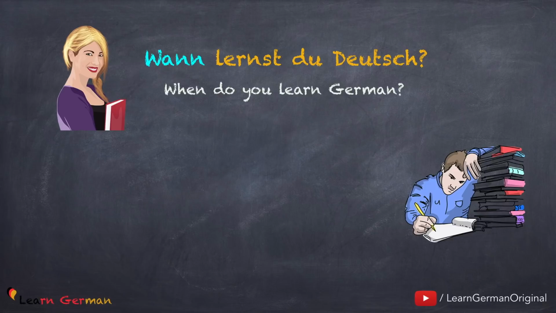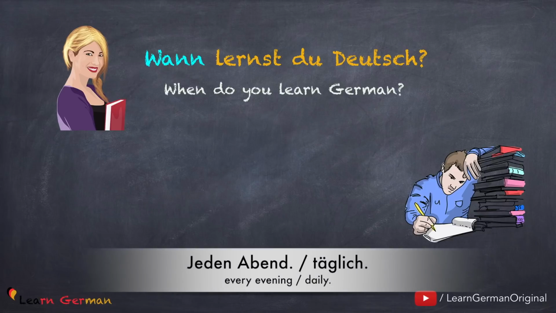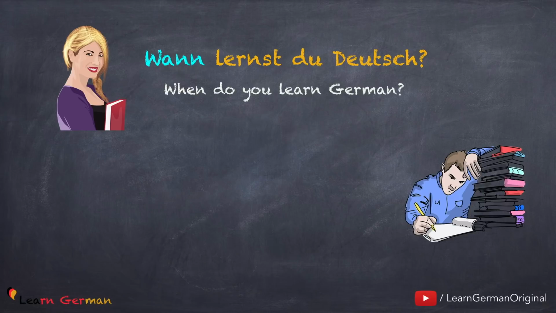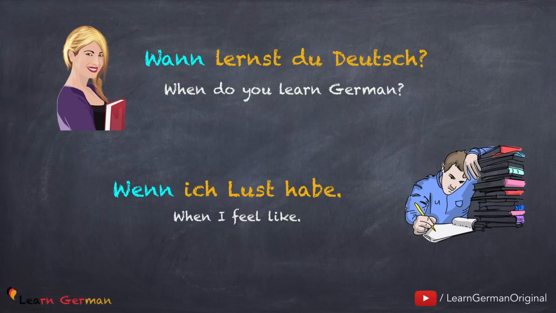For example, you can say jeden Abend or täglich. You can also formulate the answer with the conjunction wenn. You can say wenn ich Lust habe. In the spoken language, you can simply give an answer with the wenn Satz. You don't need to formulate the full sentence.